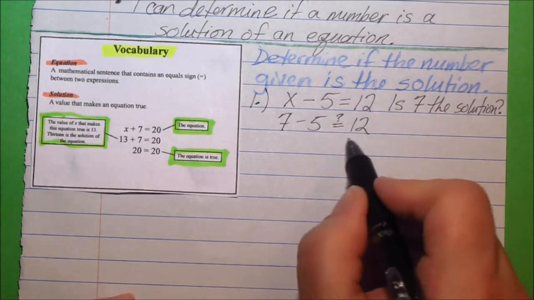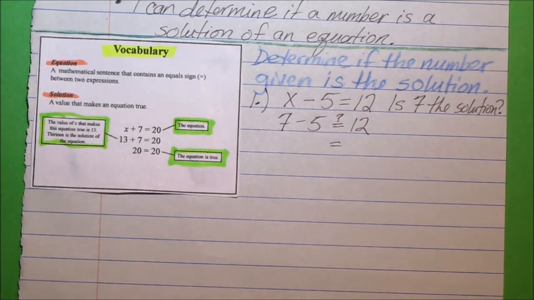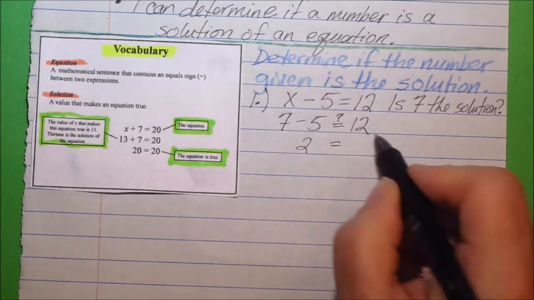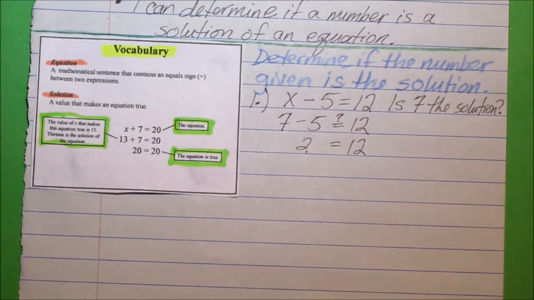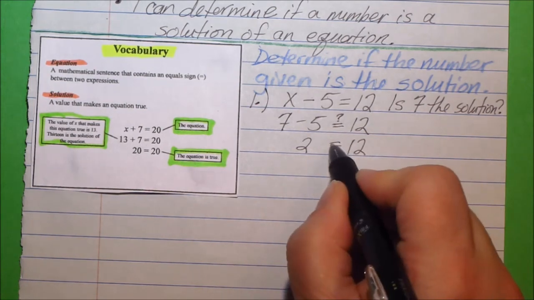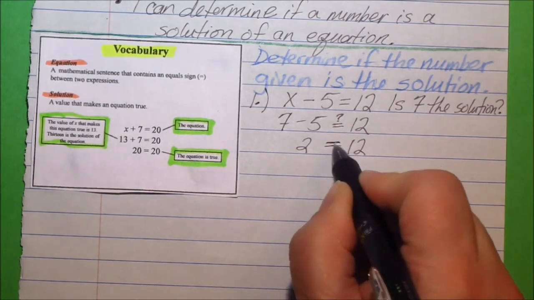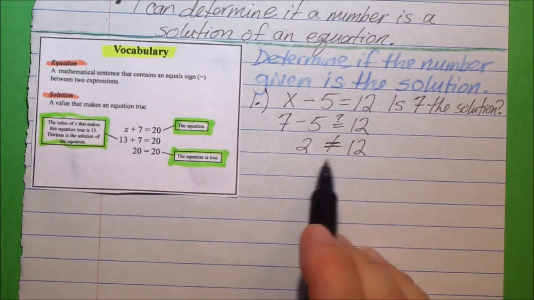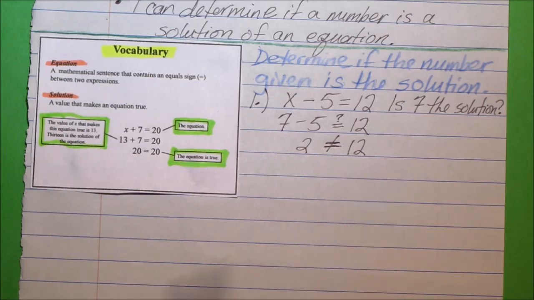All right, so we keep the equal signs lined up. 7 minus 5 is 2. Bring down the expression on the other side of the equal sign. Is 2 equal to 12? No, 2 is not equal to 12. So we change this equal sign with a slash through it to mean 2 is not equal to 12.